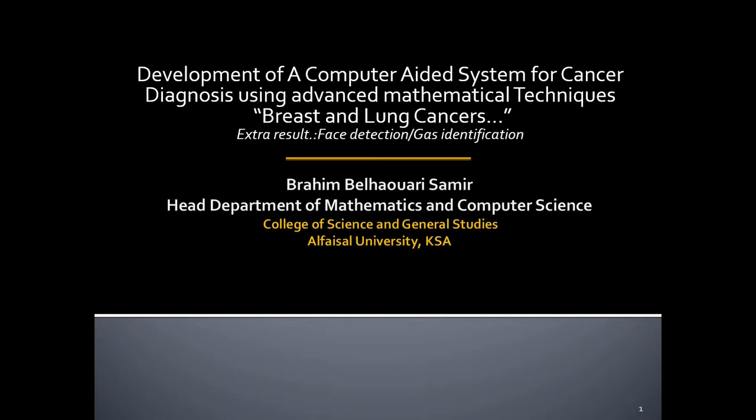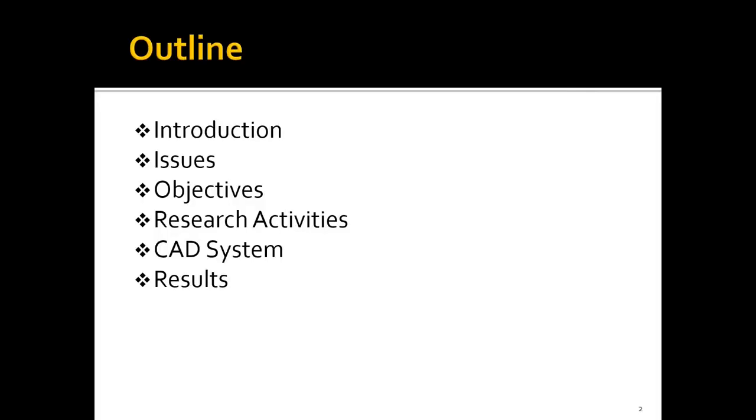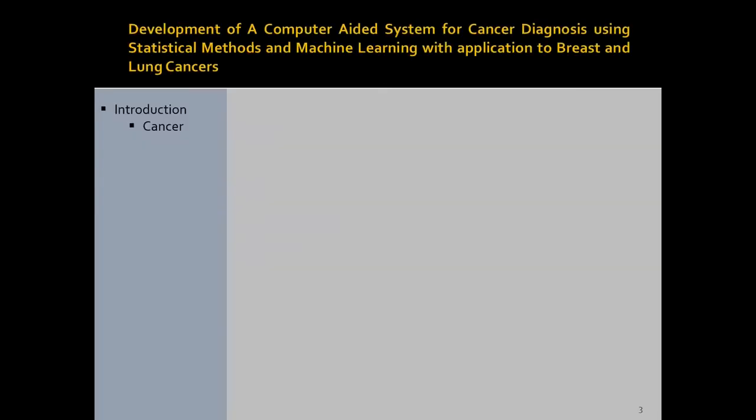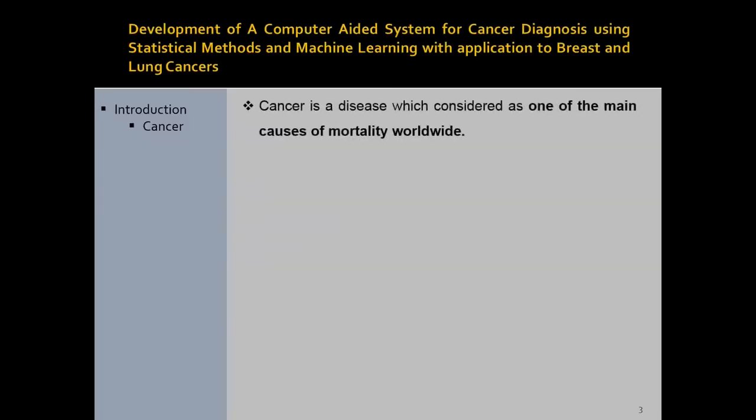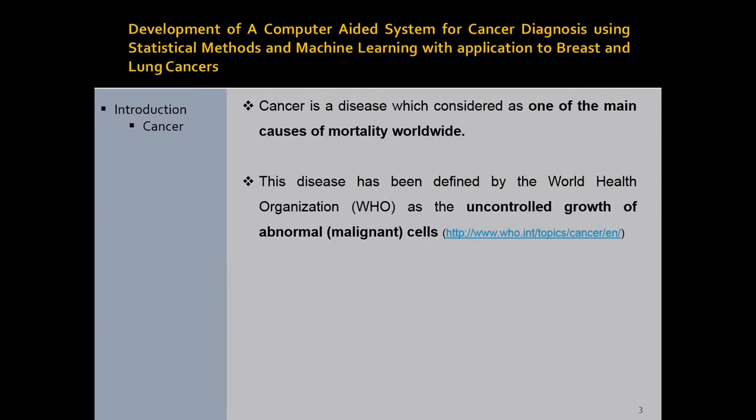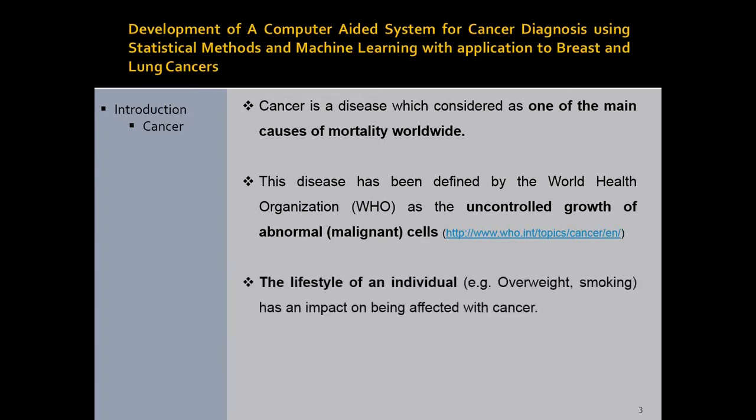So the case study here is that we are developing a computer-aided system for cancer diagnosis using some advanced mathematics in order to do the diagnosis or the early detection for breast and lung cancer. So we talk here, for example, about cancer, a disease which is considered one of the main causes of mortality. So why do we need a computer to help doctors to do the right diagnosis?